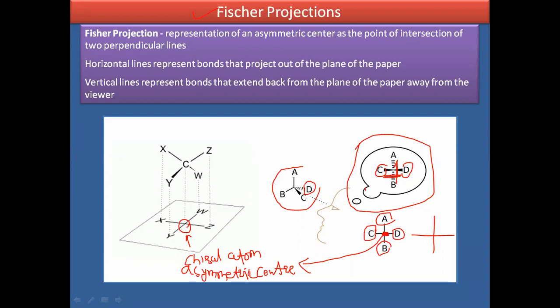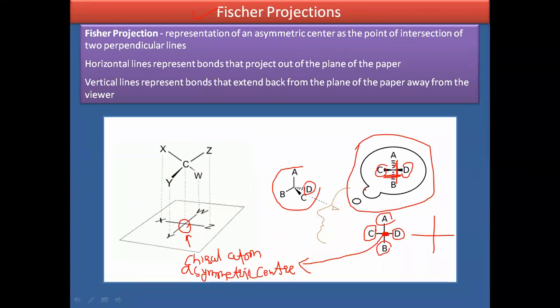It indicates that. This type of projection formula is called the Fischer projection formula. Generally, in examinations, the question will be given as: discuss the features of the Fischer projection formula. What are the features? Here, intersecting lines of horizontal as well as vertical lines.